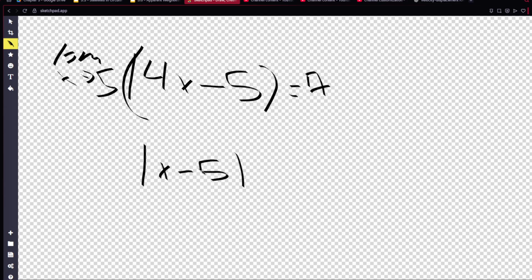So if it's from 5, then if it's 9, it will give you a distance of 4. If it's 8, it will give you a distance of 3. If it's a negative number, then it'll give the distance by adding the negative 3. Anyways, this will give you the distance from a always.